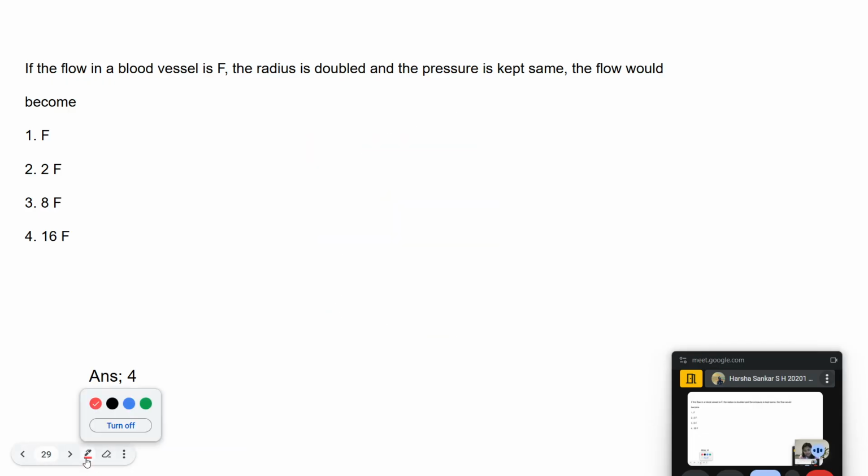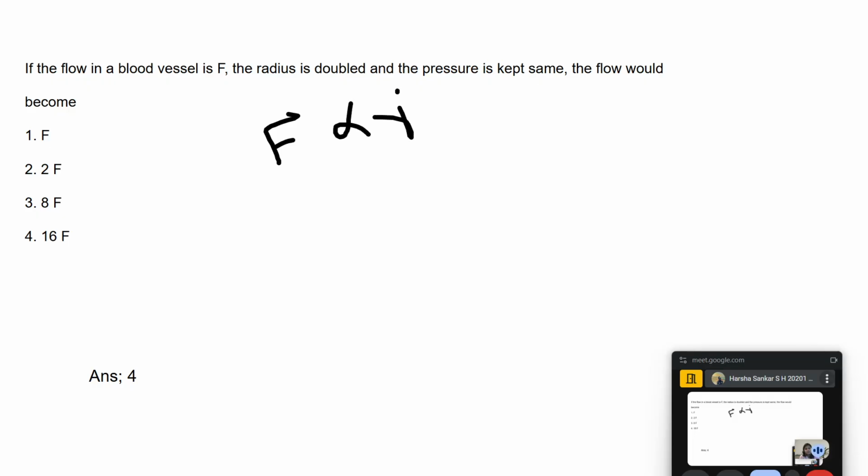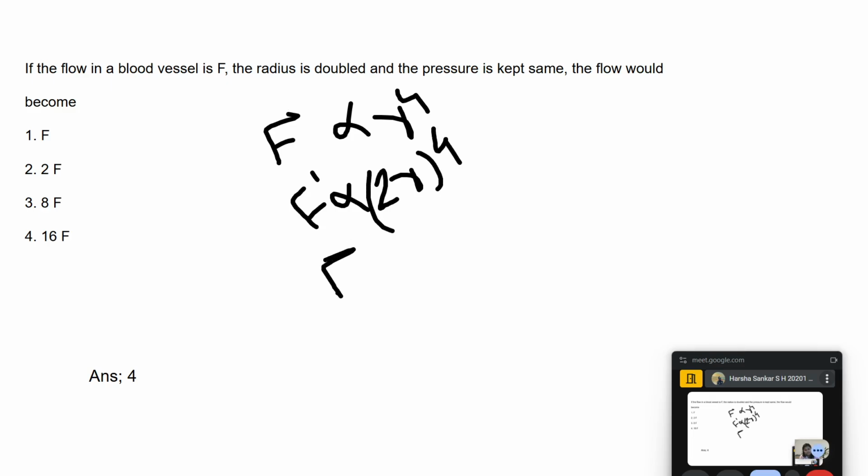I will write again, that will be better. F is proportional to R raised to 4, according to Poiseuille's law. Now the new F dash is equal to 2R raised to 4. So 2 raised to 4 becomes 16, 16 R raised to 4.